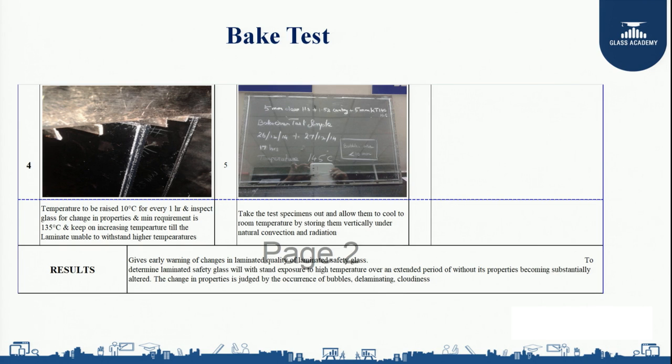So this is a durability test, and through this test we ensure how our laminated glass is able to withstand high temperature over an extended period of time, and the change in properties can be found in the form of bubbles, delamination and cloudiness.